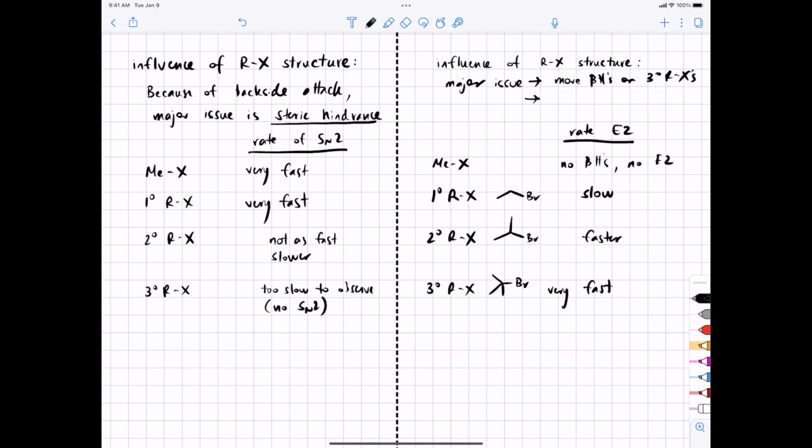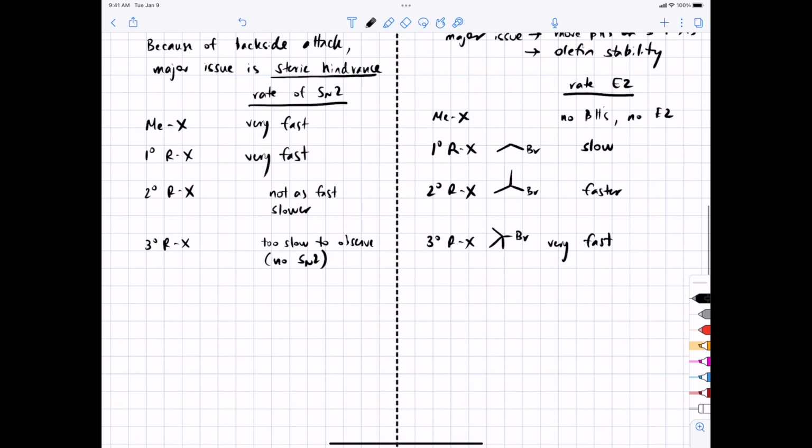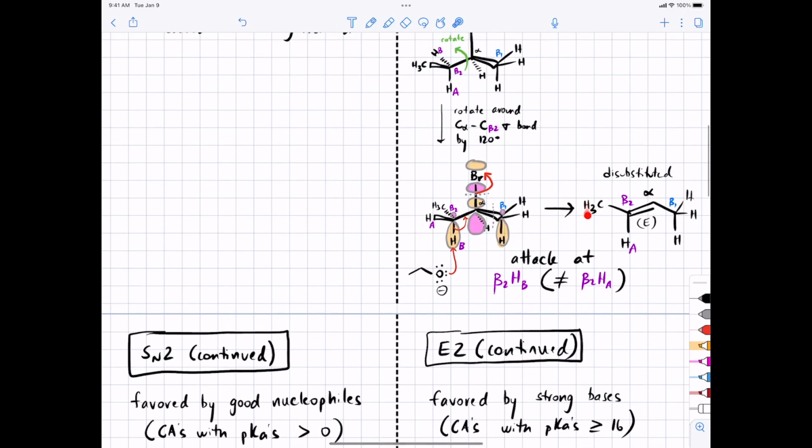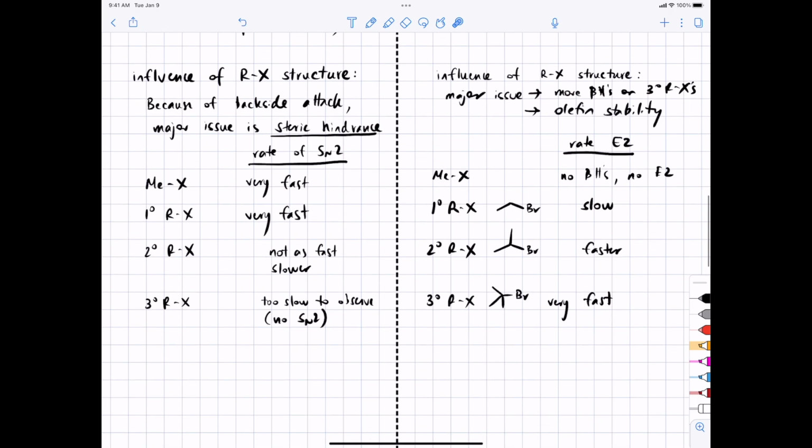The second issue is alkene or olefin stability. As we increase the number of alkyl groups on our alkyl halide, the elimination products tend to be more substituted, that is, more alkyl groups attached to the carbons involved in the pi bond, and we will see that the more substituted an alkene is, the more non-hydrogen things we have attached to the carbons in the pi bond, the more stable the alkene is. We'll talk about why that is. There's an explanation for it.